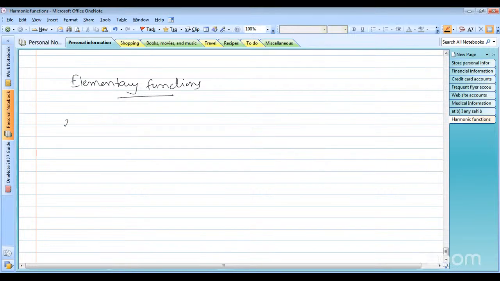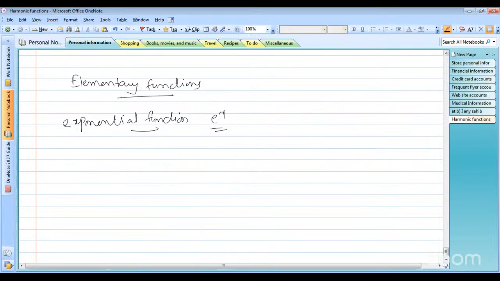What is the exponential function we are learning? The exponential function is e power x. It is of basic importance in complex analysis, one of the elementary transcendental functions.